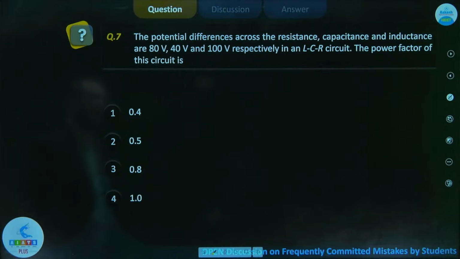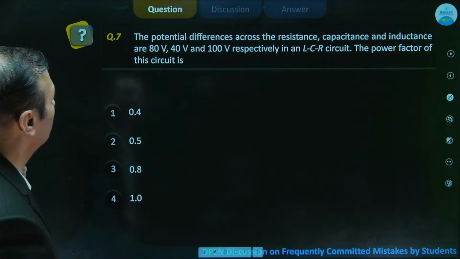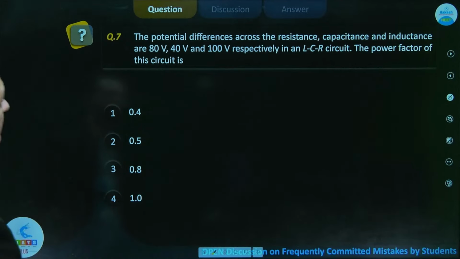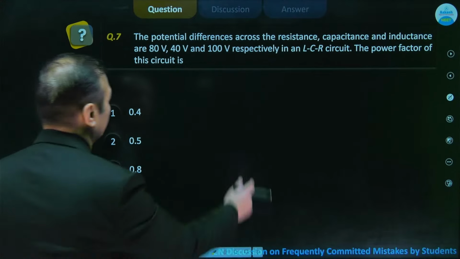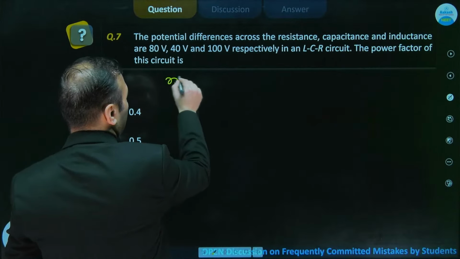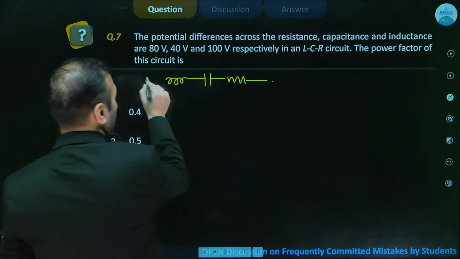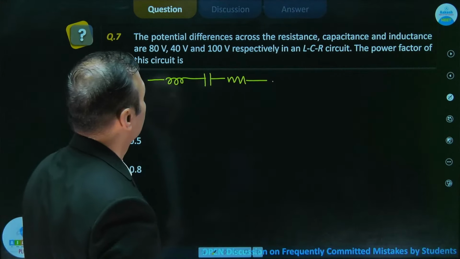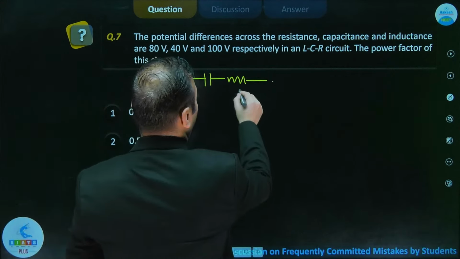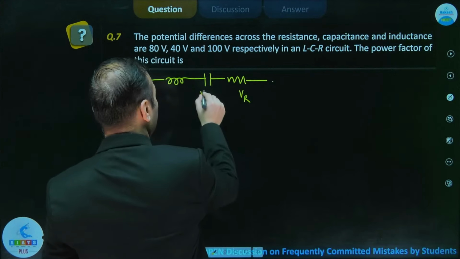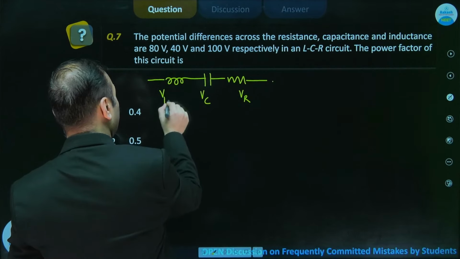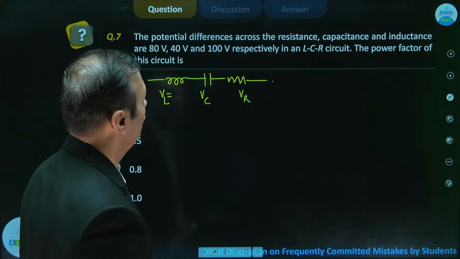The potential differences across the resistance, capacitance and inductance are 80 volt, 40 volt and 100 volt respectively in an LCR circuit. So we have L, C and R. So the potential difference across resistance, capacitor and inductance, these values are given to you.